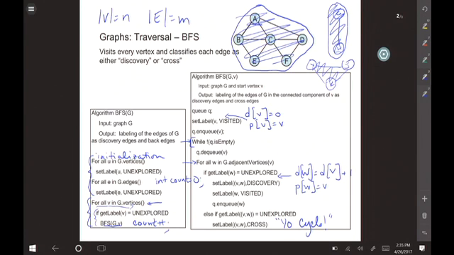N times, right? Every vertex gets put onto and removed from the queue exactly once, not more than once and not 0 times. Every vertex will go on the queue and come off the queue, and that's it.